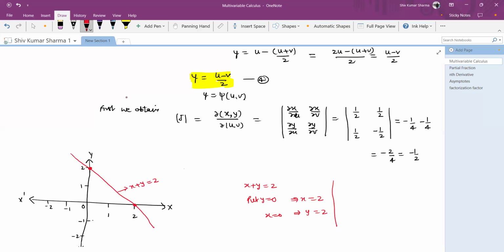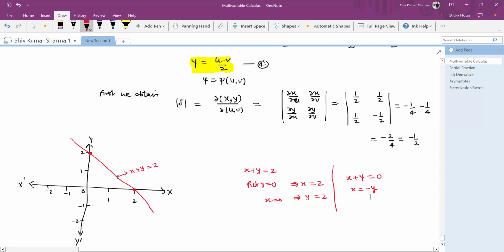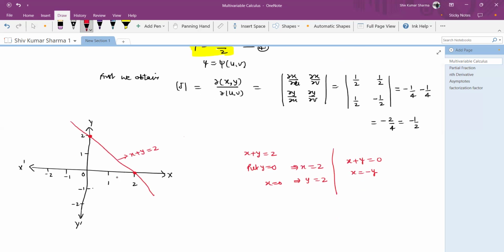Now for the second line, x plus y is equal to 0, meaning x is equal to minus y. This is our line x equal to minus y. Now the third line is x minus y equal to 2.